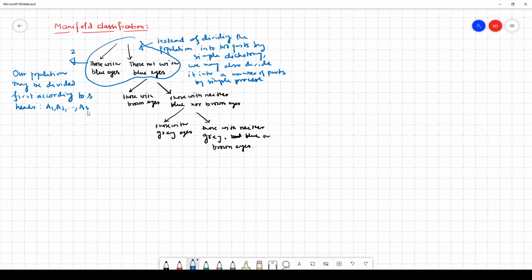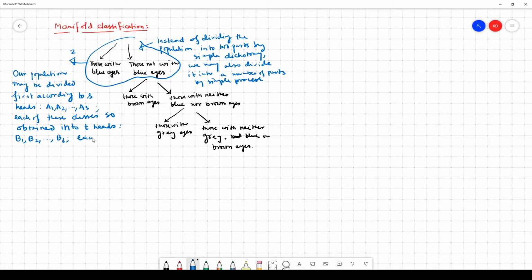Each of these classes so obtained is divided into T heads, that is B1, B2, up to BT.